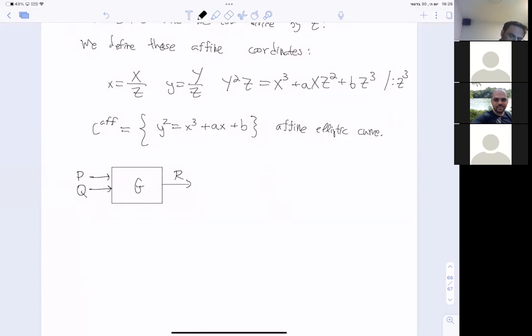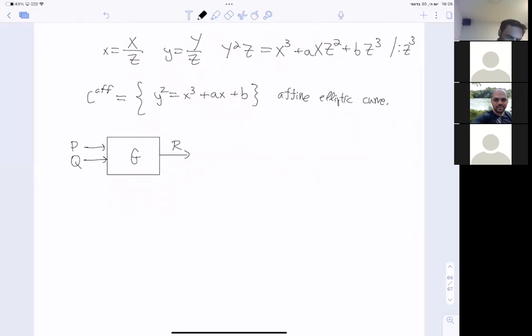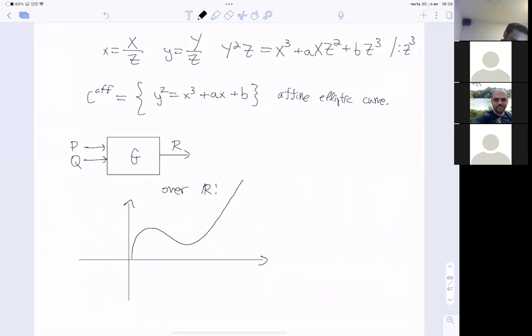So what is the group structure here? Over R, such an equation looks in general like this. Why does it look like this?